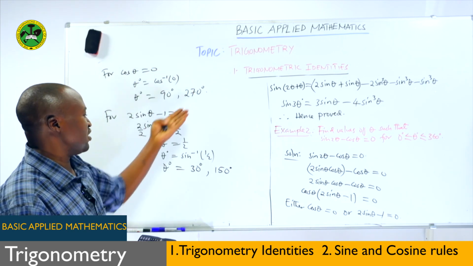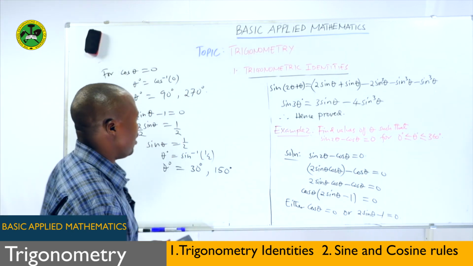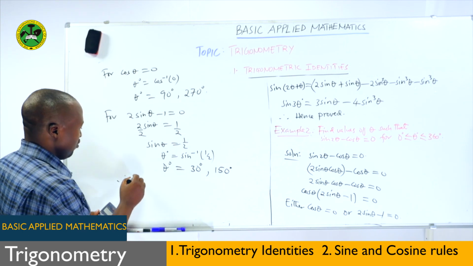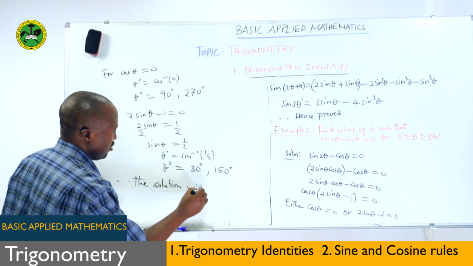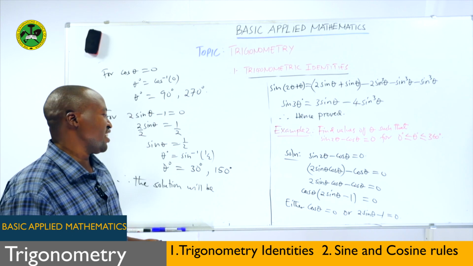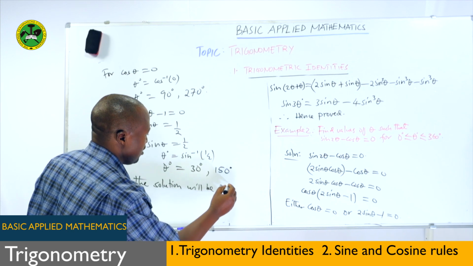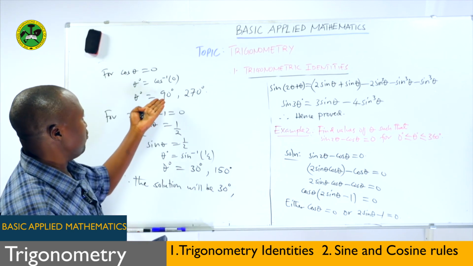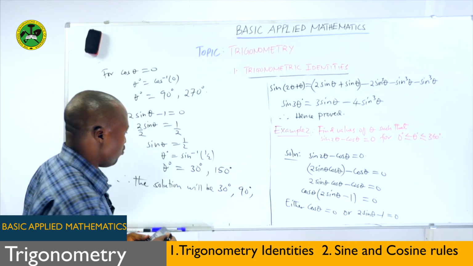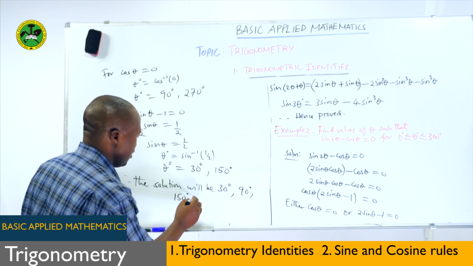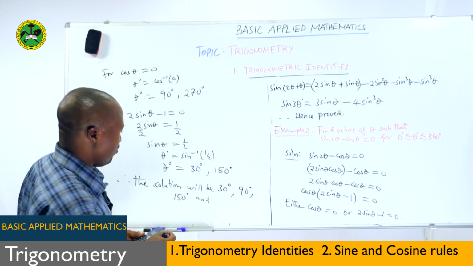Now, these angles are in this range. Therefore, the solution will be, starting with the smallest angle, our smallest angle is 30, followed by 90, another one, we have 150, and the last one, we have 270.